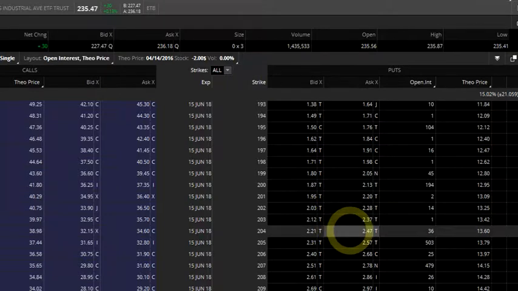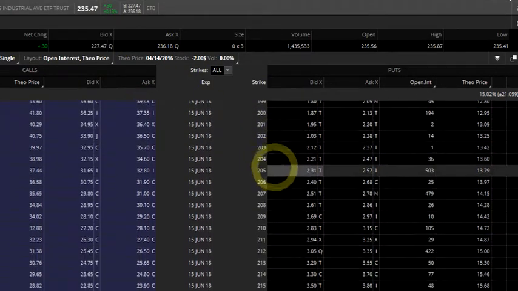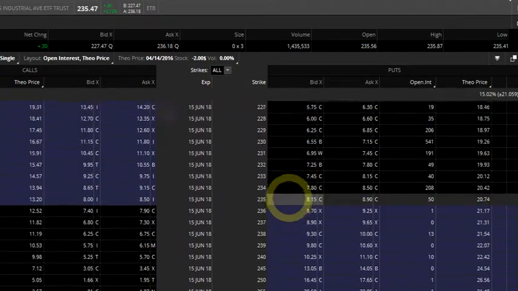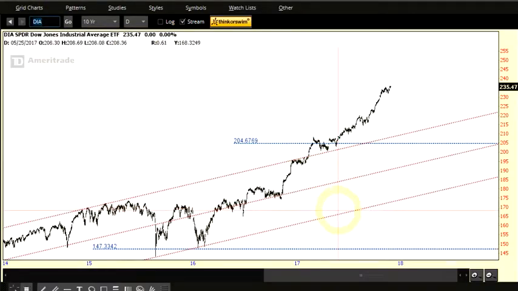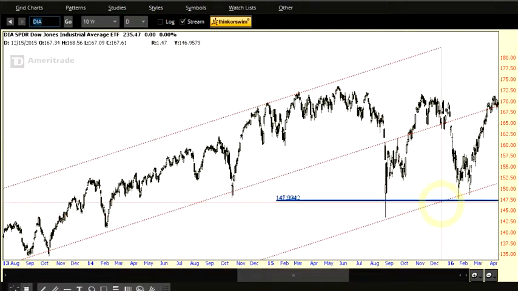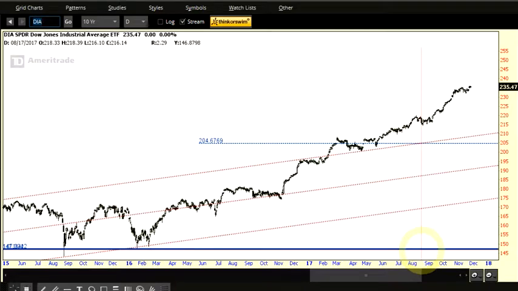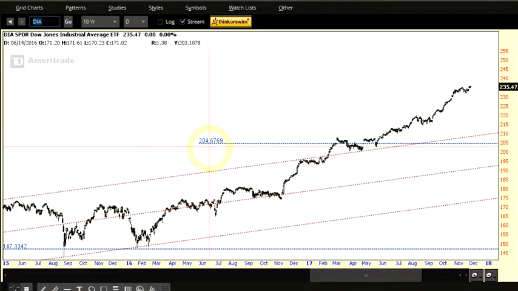And then what we're saying though is if the market gets down all the way down to, oops, wrong way. Let me go back to the chart. If the market actually comes down to this area before that expires, then that option will be worth 205 minus 148.